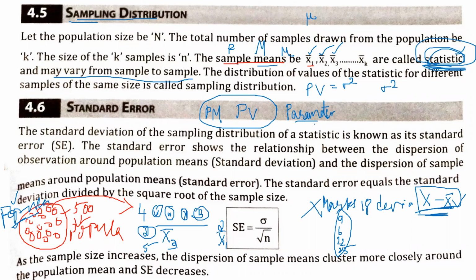So how do you judge the population? You judge using parameters. How do you judge the sample? You judge using statistics. So that is your population and sample.